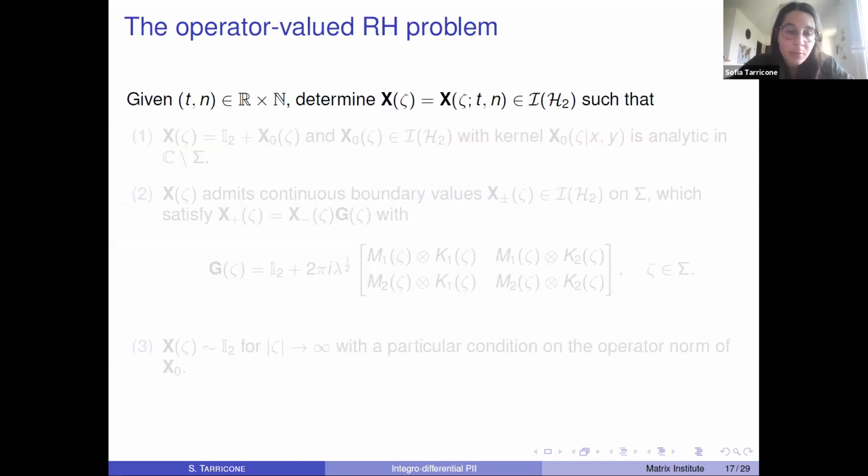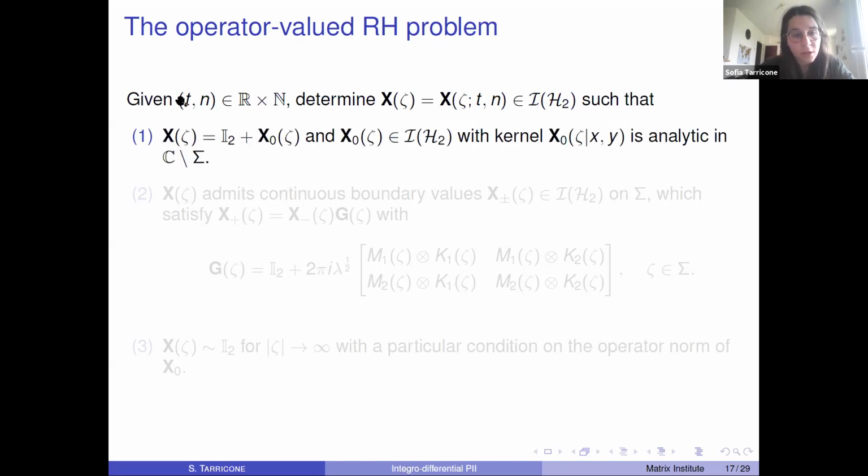And the Riemann-Hilbert problem we are interested in looks as follows. Of course, for any value of t and n, that will be our parameters in the problem, we want to determine this X, that is an operator on H2 that depends parametrically on t and n and on the complex parameter zeta, and that satisfies the following requirements. So first of all, we want this X to be analytic away from the contour Sigma.